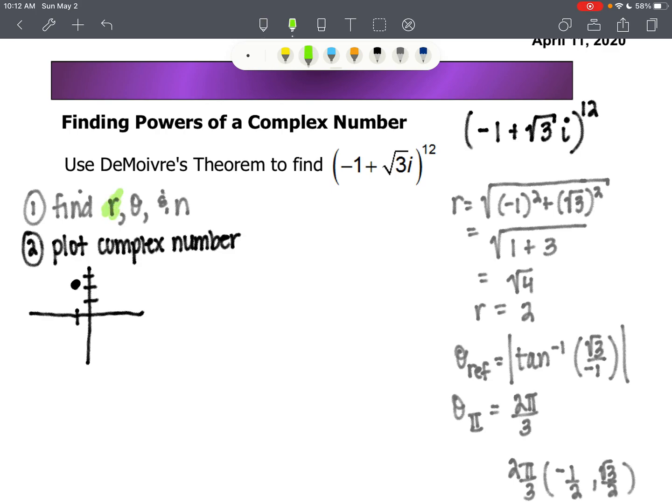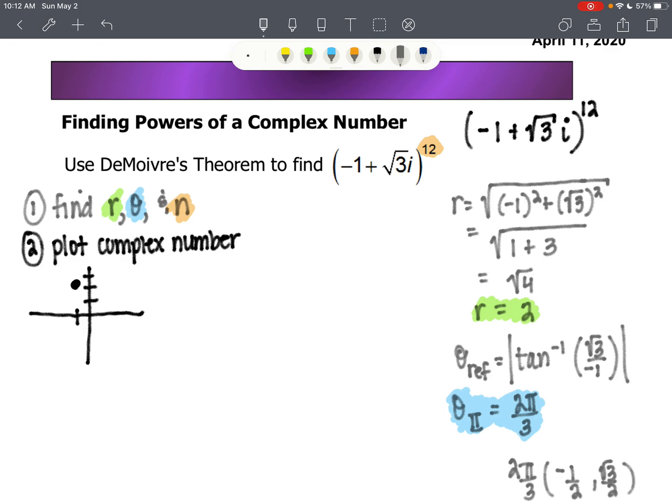So we've got r, which is equal to 2. We have theta, which is equal to 2 pi over 3. It most definitely needs to be in the quadrant in which your complex number is located. And then n is going to equal the power that we're raising that complex number to.